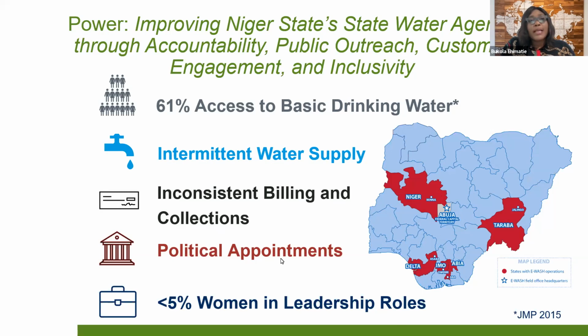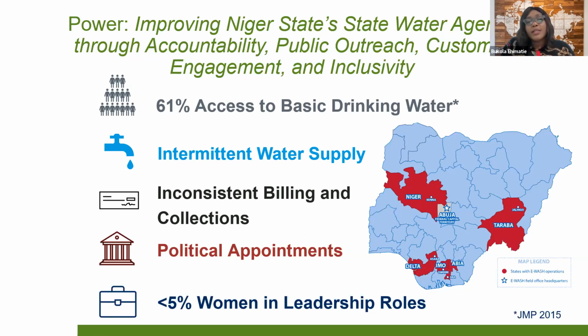Some state water boards even stopped providing water several years before our intervention, which forced residents to turn to unsafe water sources, such as water tankers or unsafe groundwater. And for a few water utilities under the government that were producing water, the production was quite intermittent. And there were also issues with the quality of the water.